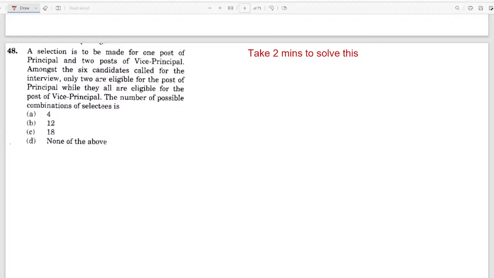There's one response for option B, 12. One for option A. Others, if you are solving, please solve it quickly and post your answers.